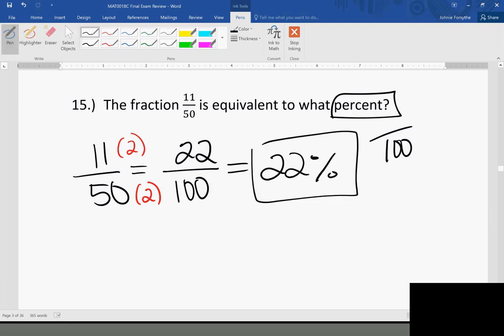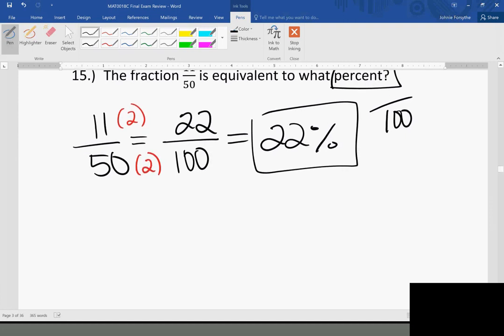The only other way you could do that would be to divide. So we have 11 over 50. That'll be 11 divided by 50. So in order to do that, let's see, this is a decimal. I need to add a 0 in there so I can actually divide 50 into 110.